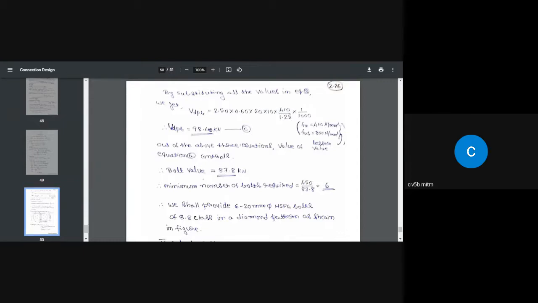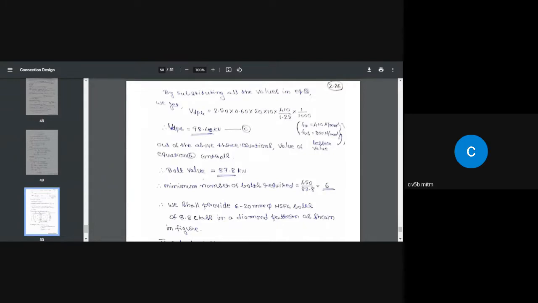And I'm providing two cover plates, and the thickness of each cover plate is 8 mm. So what is the combined thickness of two cover plates? That is 16 millimeter, 8 millimeter plus 8 millimeter, and the main plate thickness is 10 mm. Take the lesser of those two values, which is 10 millimeter. That's why I have taken it. Then FU value is 410 because the bolt of strength 800 Newton per millimeter square is pressing against the plate of 410 Newton per millimeter square.